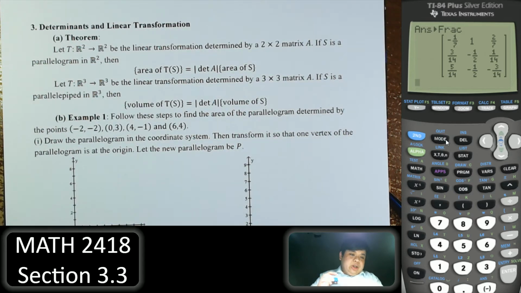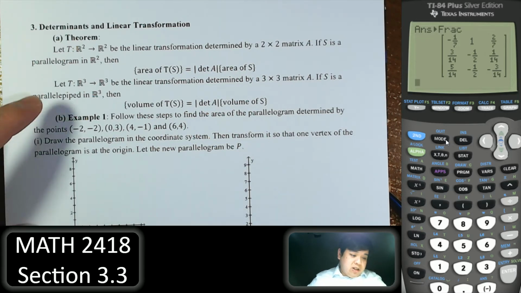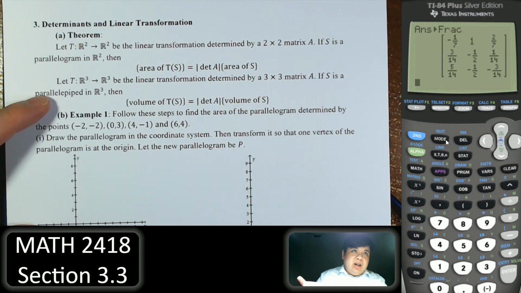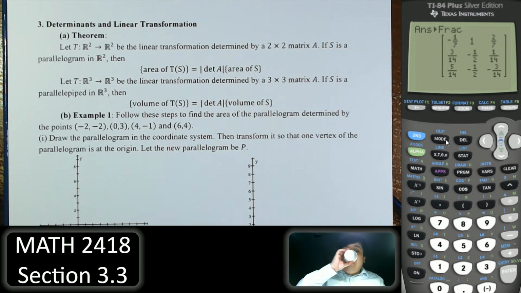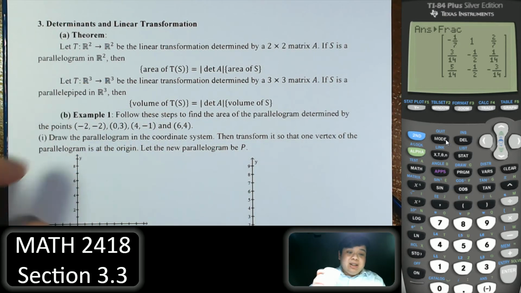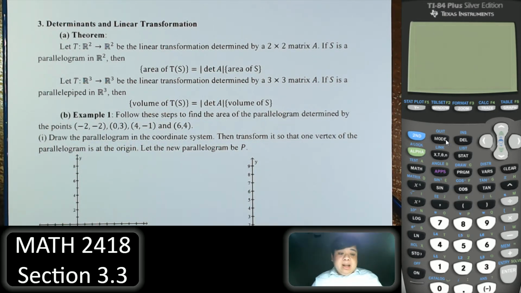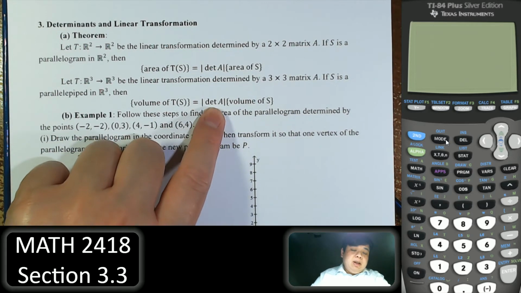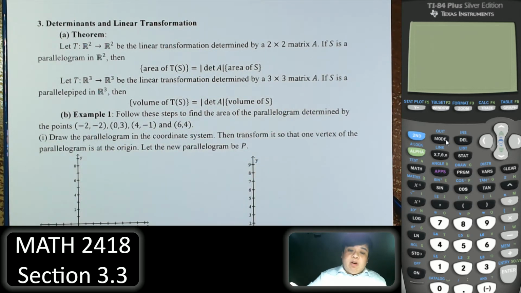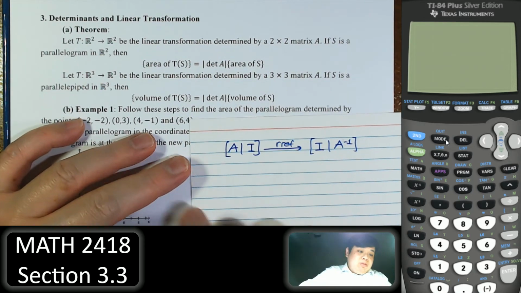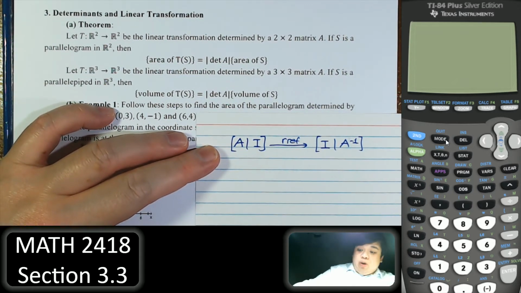Let T from R3 to R3 be the linear transformation determined by a 3 by 3 matrix. If S is the three-dimensional version of the parallelogram, I can't even say that word, but anyway, the volume of that is equal to the determinant of A, the matrix of transformation, times the volume of S. I cannot say that, but I can draw it.